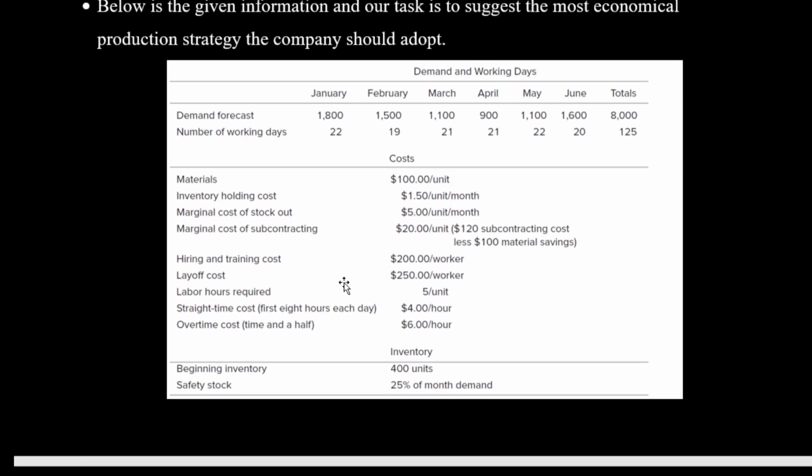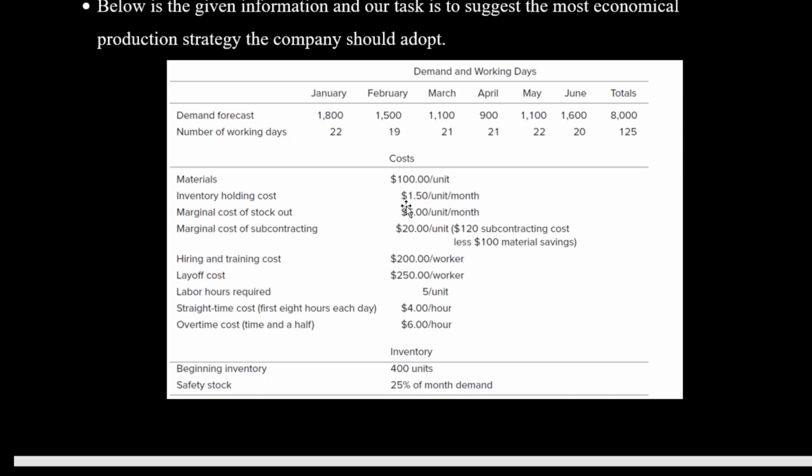The costs given are material cost of $100 per unit, but since all the plans will have this material cost common, in this working the material cost is not considered. But if you have to calculate the total cost, then 8000 units multiplied by $100 per unit will be the total cost for the materials for this entire period.